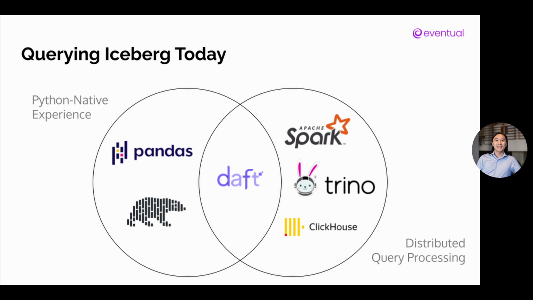Daft is in a unique position where it can leverage large-scale data and do a lot of great analytics by giving you the capabilities to do distributed query processing, but it also has a lot of great Python native features that allow you to do all of the various AI and multimodal stuff that you want to do if you are a data scientist.